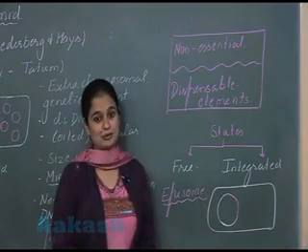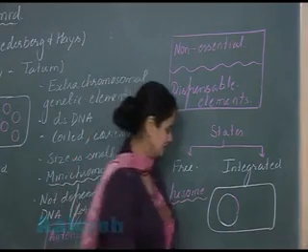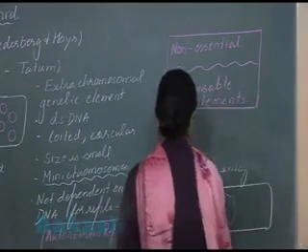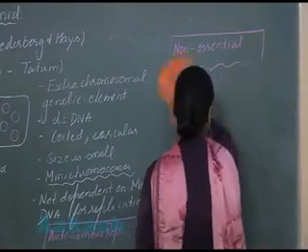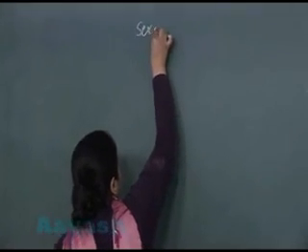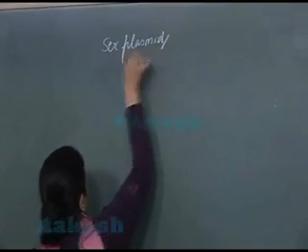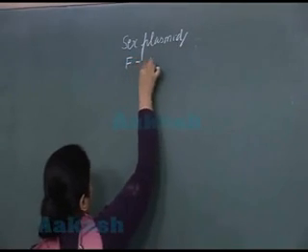Now I am going to deal with the types of plasmid in detail. First category is the sex plasmid, also known as F plasmid.